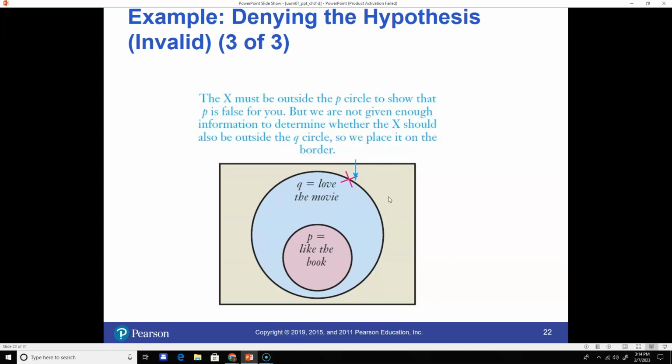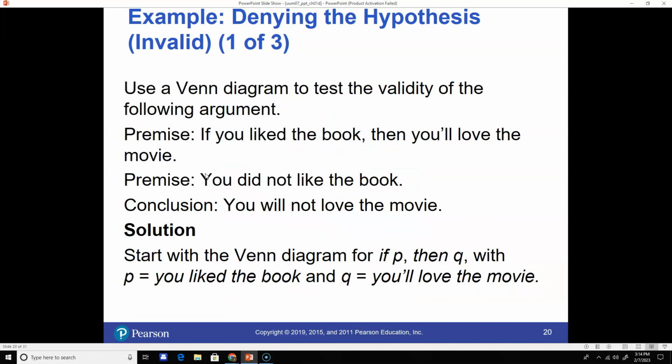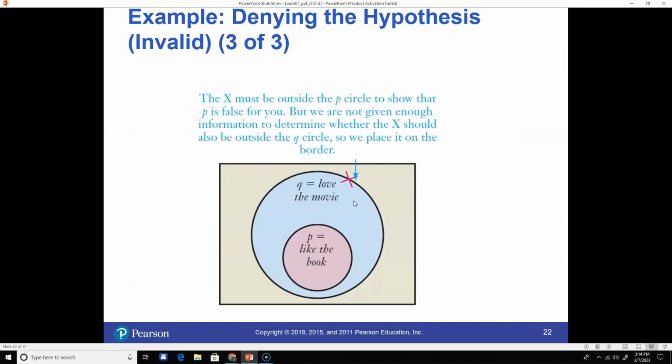Okay, so let me step back so we can look at the logic one more time. I'm kind of forgetting, because the conclusion is you will not love the movie. So you did not like the book, therefore you will not love the movie. So again, the conclusion is that you do not love the movie, but not liking the book doesn't necessarily place it outside the blue circle.